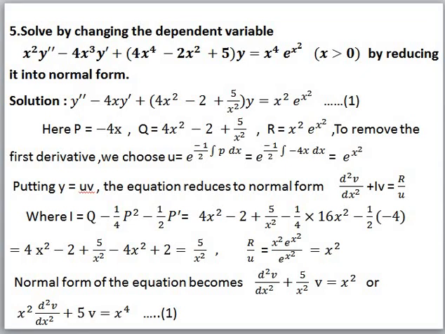R divided by u, where r is x² e^(x²), so e^(x²) cancels and we get x². The normal form of the equation becomes d²v/dx² plus 5/x² v is equal to x². Multiplying by x², we get x² d²v/dx² plus 5v is equal to x⁴.